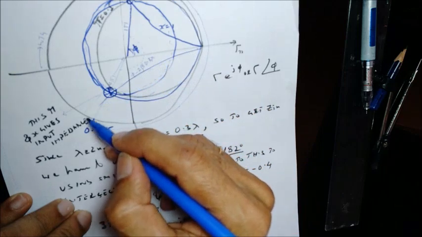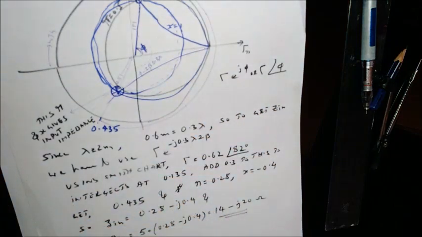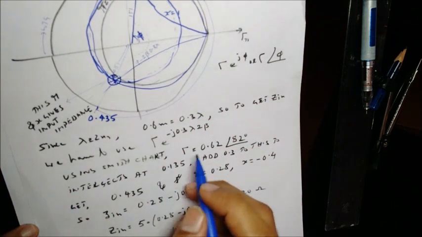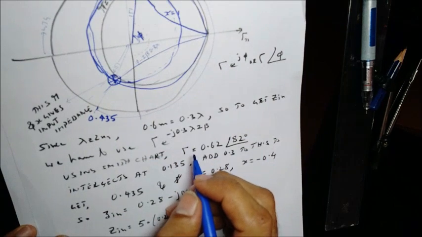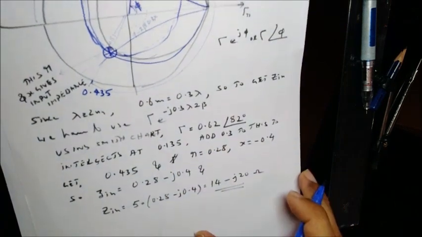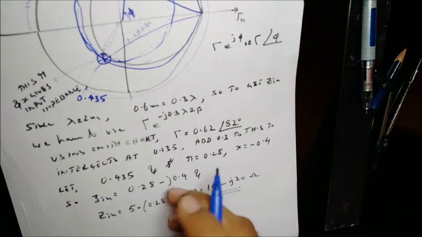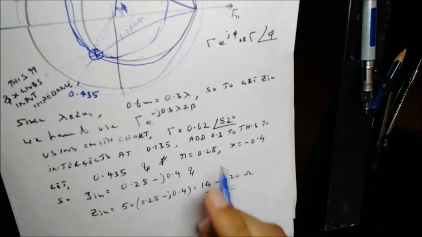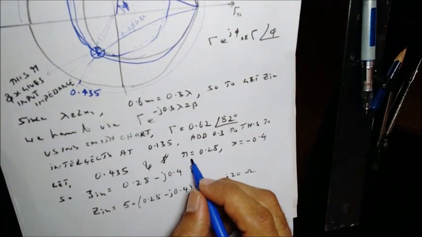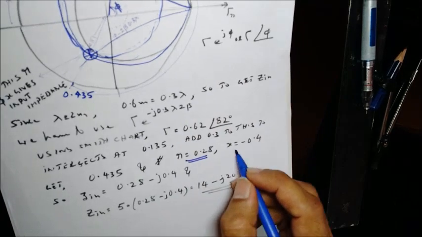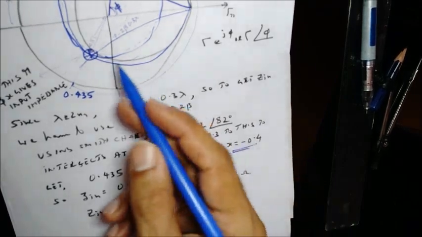Now, that r plus jx gives us the input impedance, and it turns out that when we do this actually on the Smith chart, you'll end up getting r as 0.28 and x as minus 0.4. You see that you are on the negative side of x.